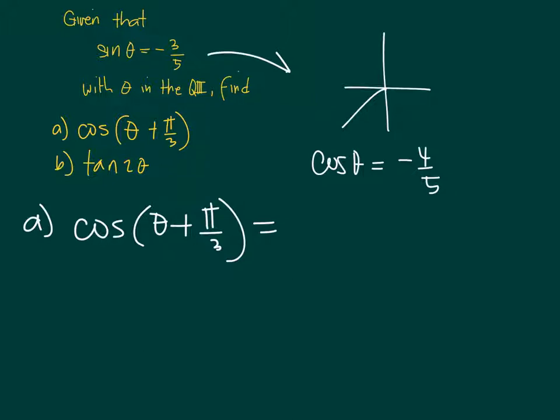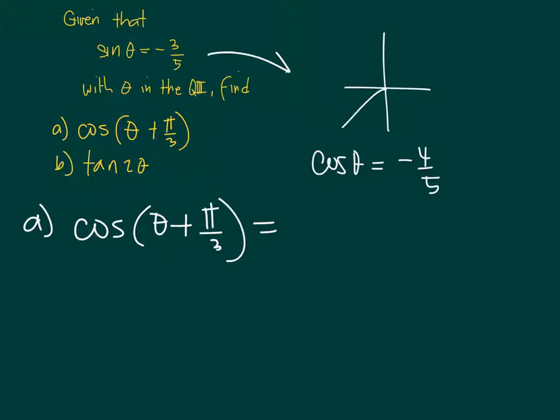Tapos na yung triangle. We already established 4 and 5, 3 and 5. It's still in the same topic. What are we supposed to do? Kunwari, may next step. Anong next step natin?